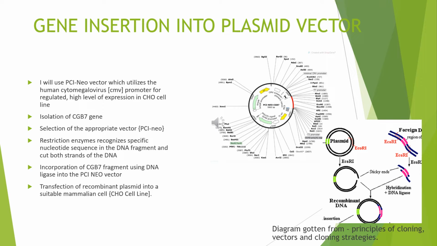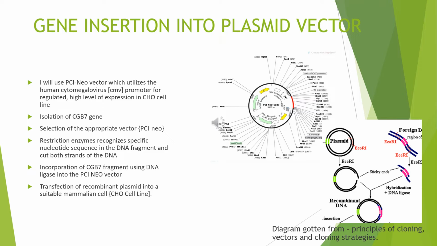To demonstrate this project, I will be using the following strategy. Firstly, I will isolate my CGB7 gene and select the appropriate vector. I will be using PCI-NEO, which has a promoter, cytomegalovirus, that regulates a high level of expression in the CHO cell line.